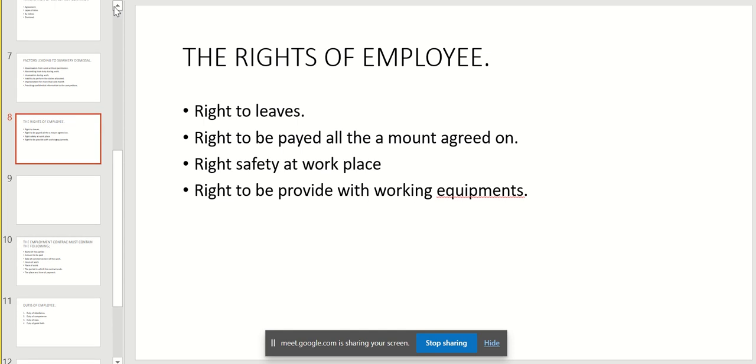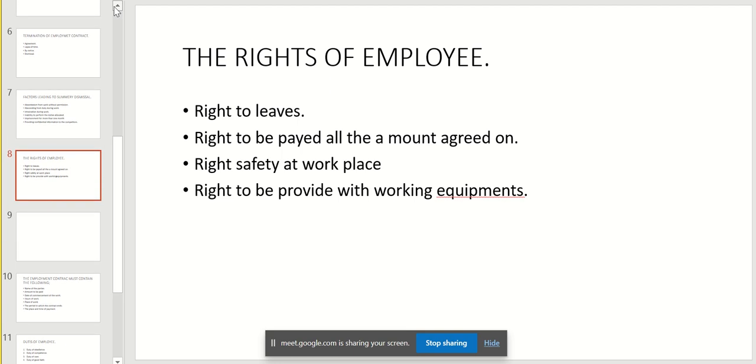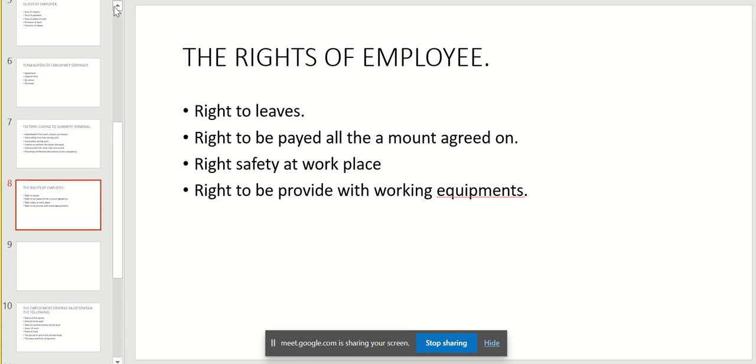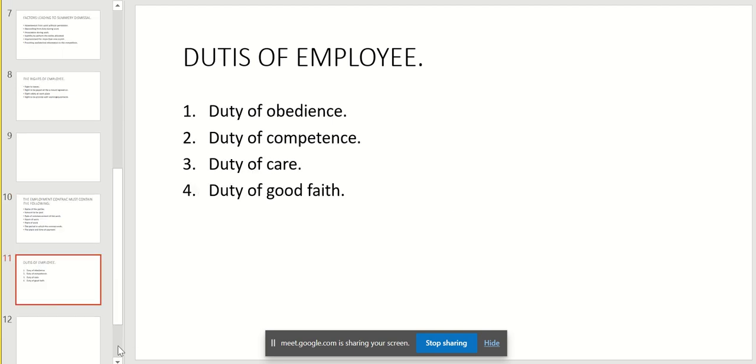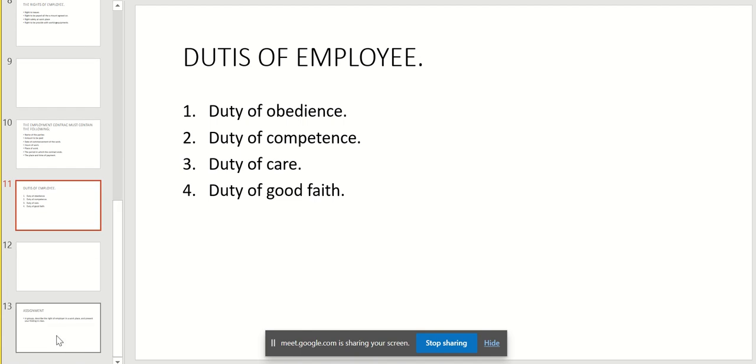Lastly, my class, we shall end this lesson at that point. I would like to leave you with an assignment, and ensure this assignment is done and presented in the next class.